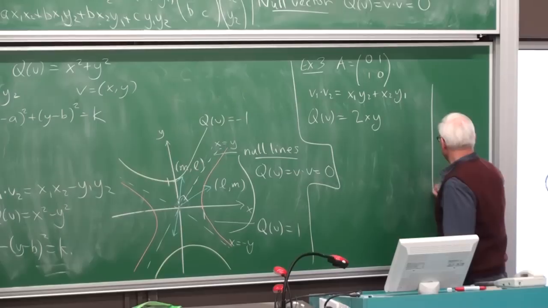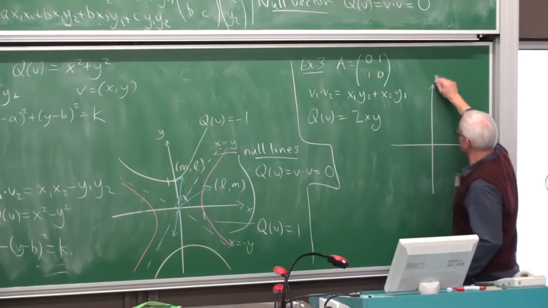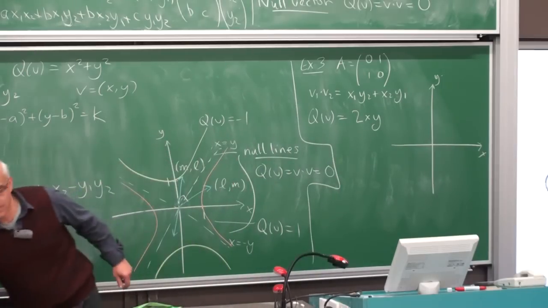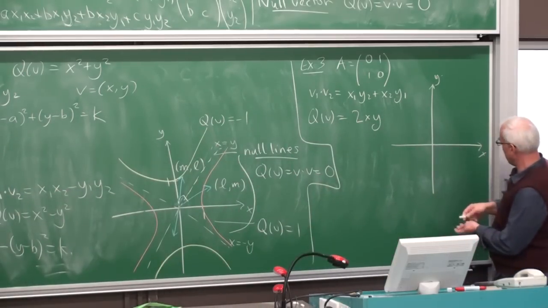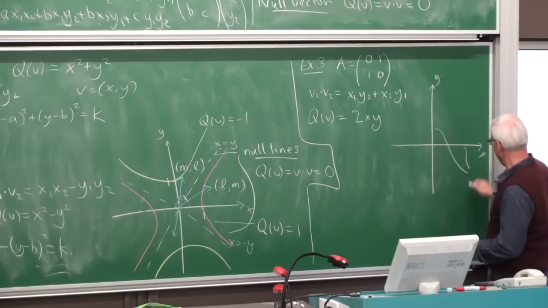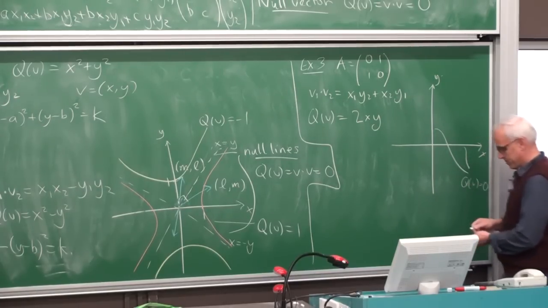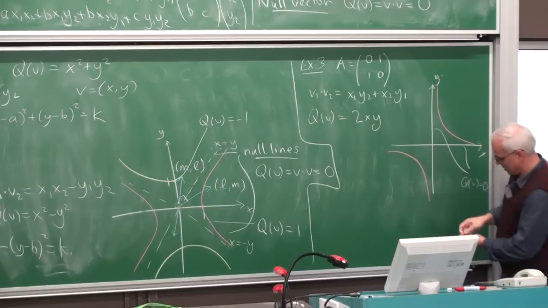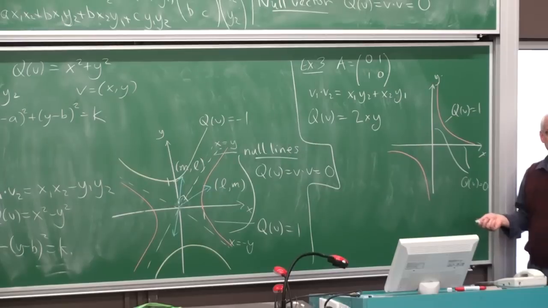What's the picture in that case? Well, in that case, the null lines are these ones here. So these are quadrants of V equals 0. The circles, say quadrants of V equals 1, are hyperbolas, 2xy equals 1.